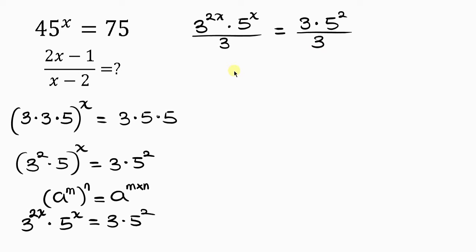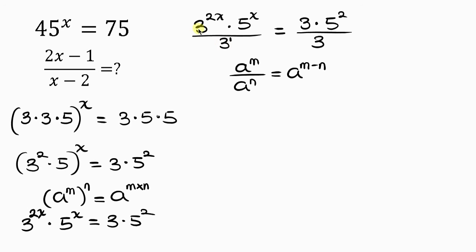Our next step will be for us to apply another law of indices, which says, for example, when I have a^m dividing by a^n, this is equal to a^(m minus n). So the powers subtract. The power here is 1.